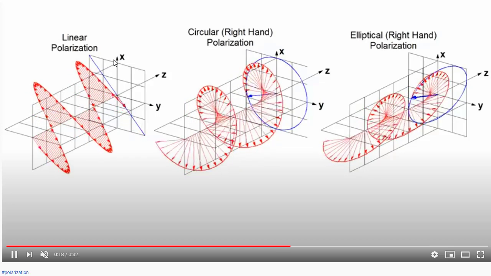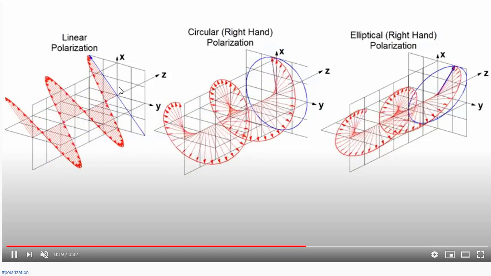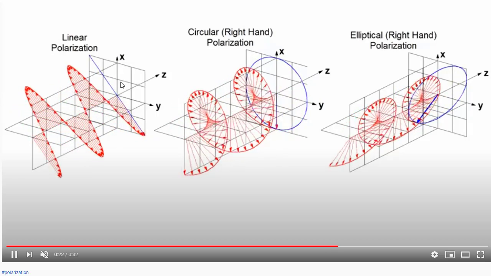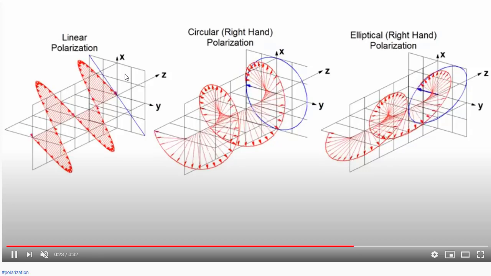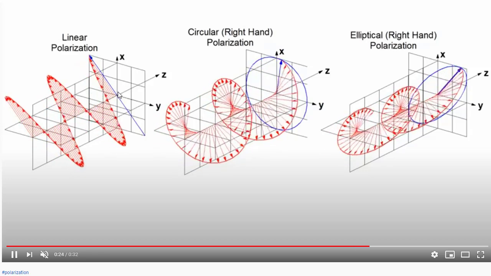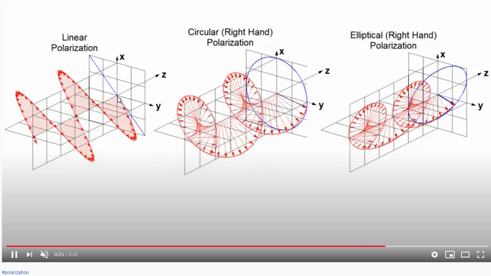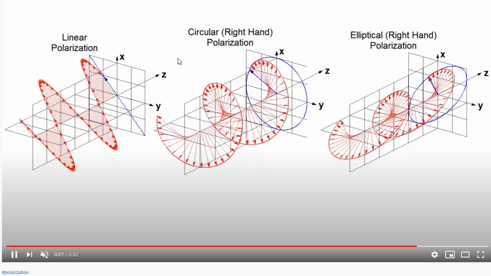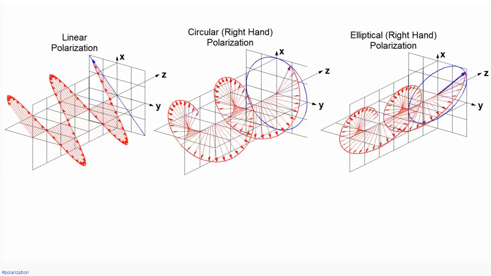So you still have the linearly polarized wave, but in this view it's just rotated. It's not completely just in the case of x, as we described before. And similarly, the magnetic field, which we didn't show, is at 90 degrees to it, so that when you take the cross product, it's still propagating in the z direction.